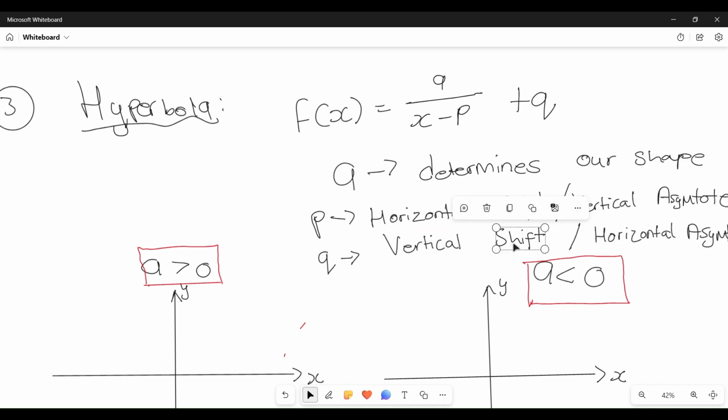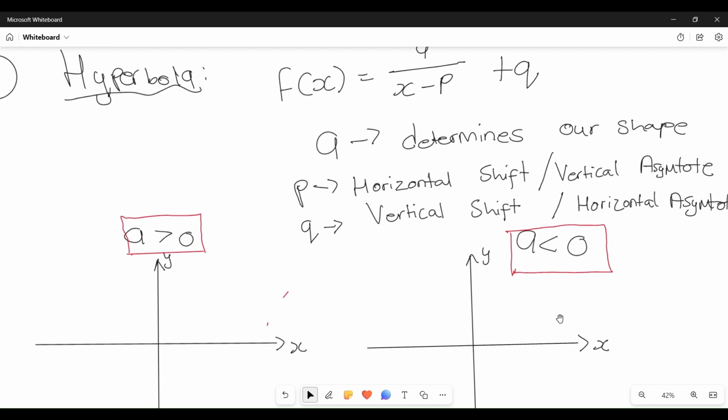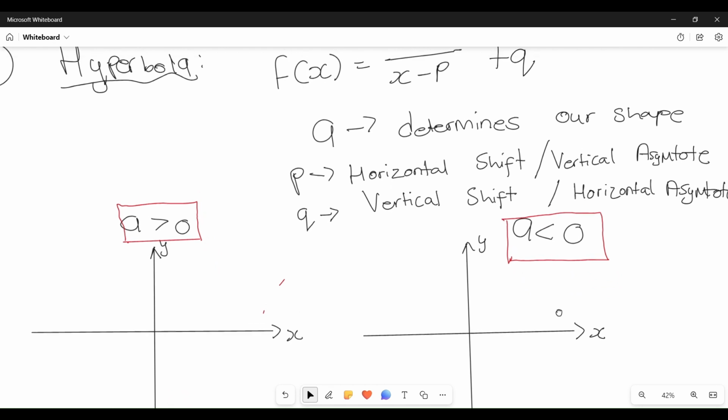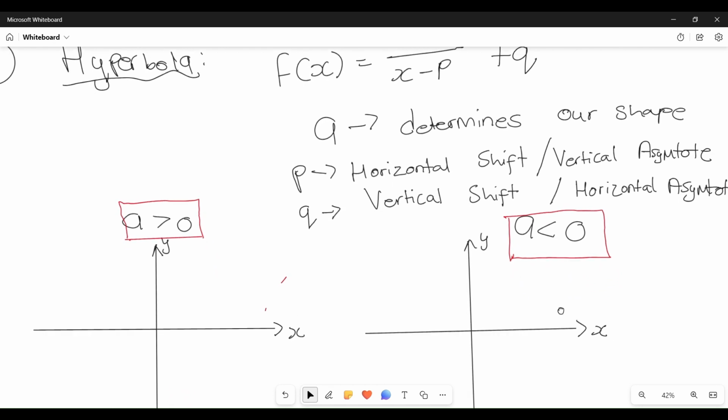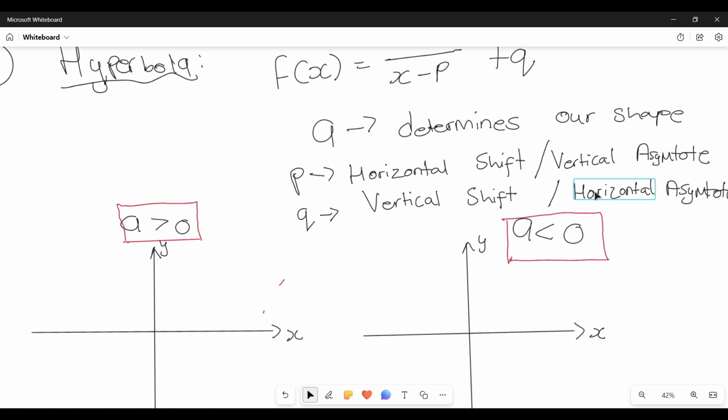Then q will be our vertical shift, whereby we shift our graph upward or downwards. It will also be the horizontal asymptote of our hyperbola. Remember that for a hyperbola we have two asymptotes, which are the vertical asymptote and the horizontal asymptote. Now p will be the vertical asymptote, then q will be the horizontal asymptote.